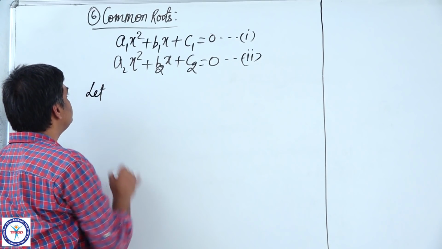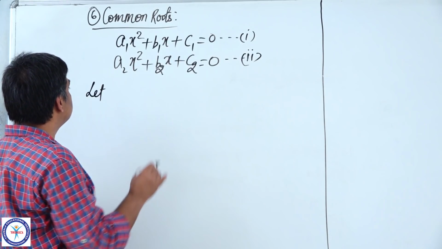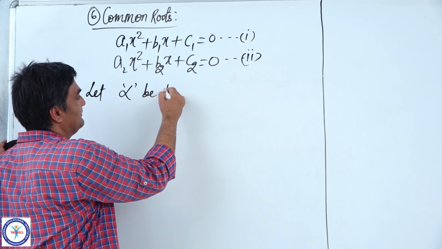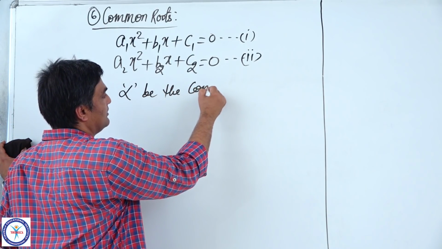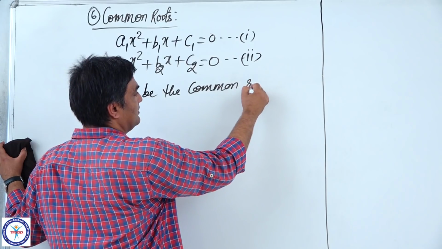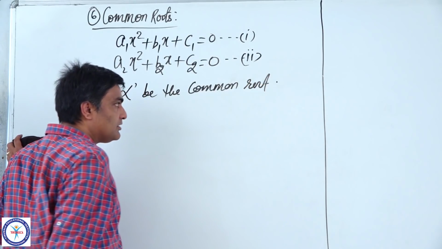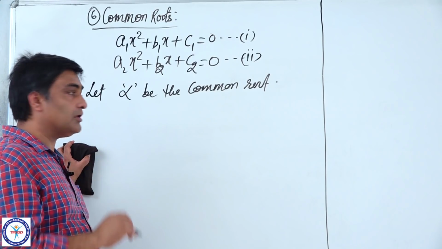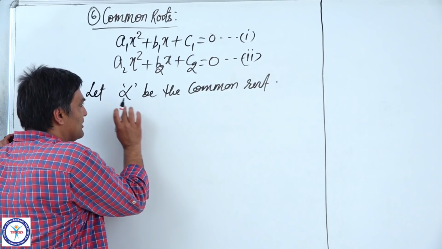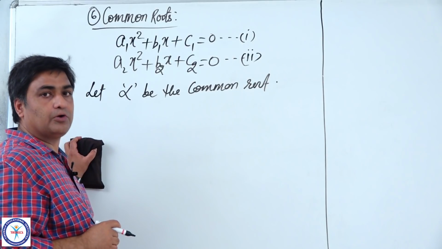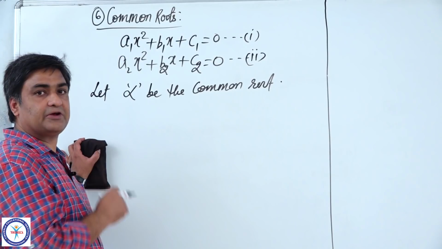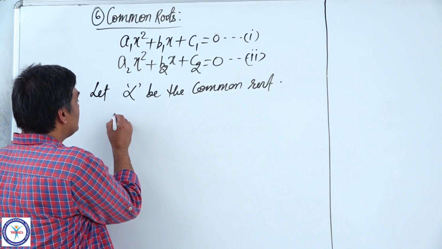Let alpha be the common root. So if alpha is the common root, alpha will satisfy both the quadratic equations.